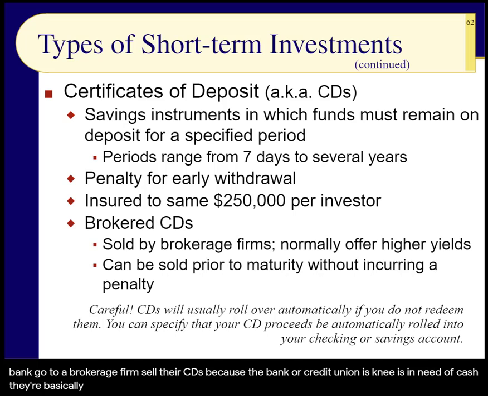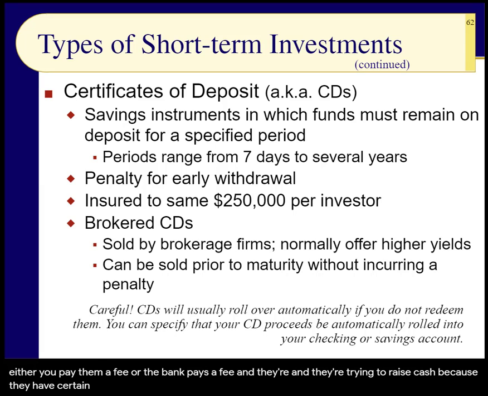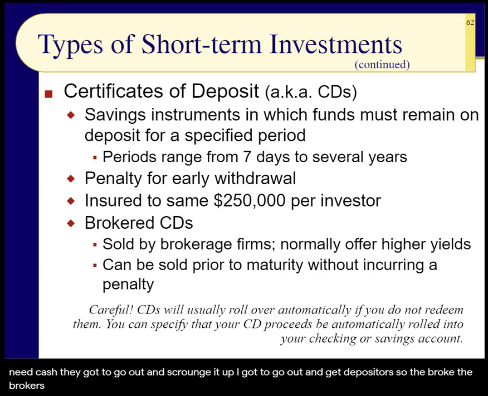The brokers make money off of this, right? Either you pay them a fee or the bank pays them a fee, and they're trying to raise cash because they have certain capital reserve requirements. And if they need cash, they got to go out and scrounge it up. They got to go out and get depositors. So the brokers help them do that.